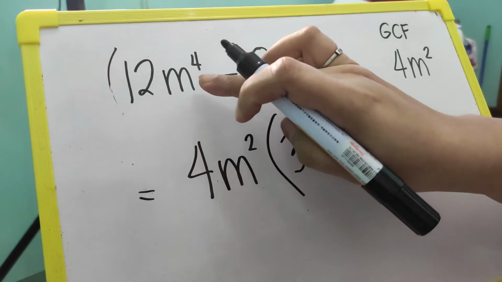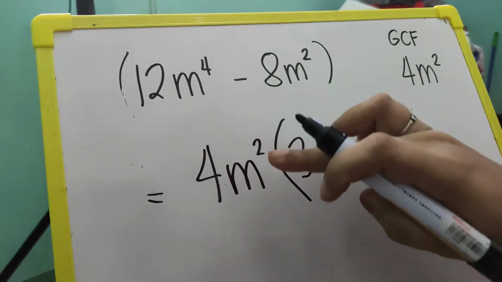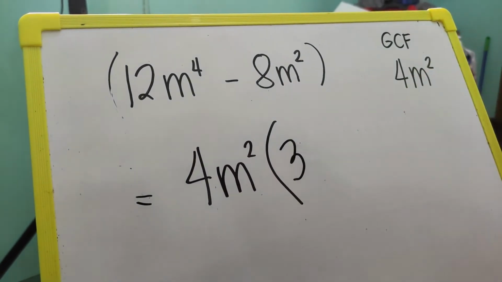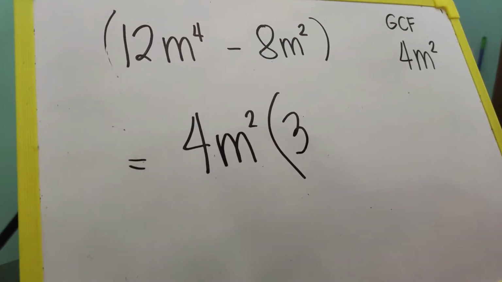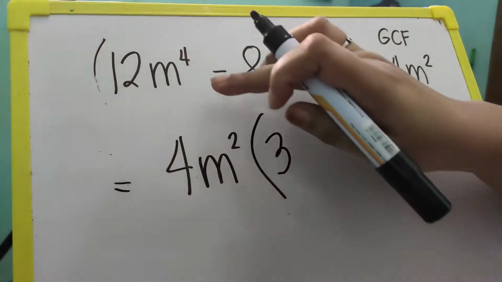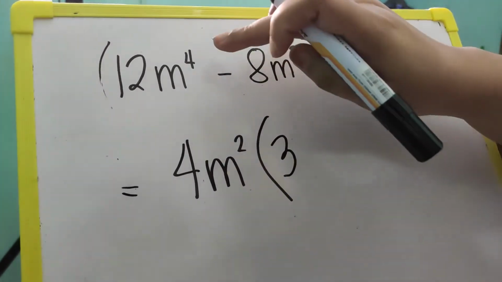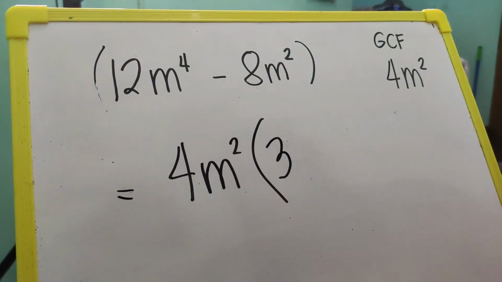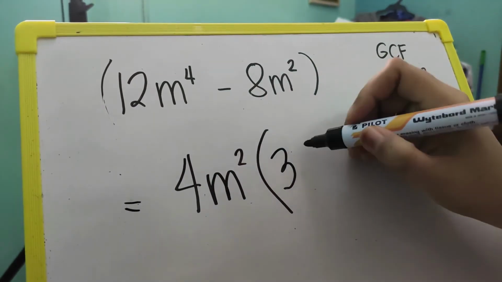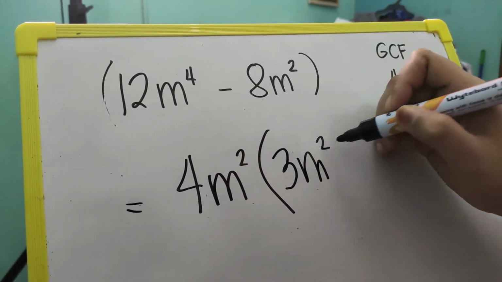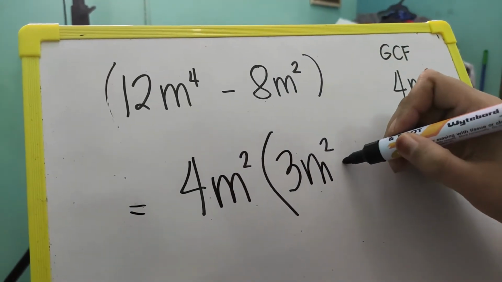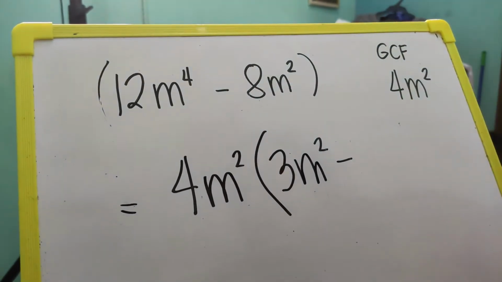And then we'll divide m to the 4th power by m squared. If we are dividing common bases, what we need to do with the exponent is subtract. So we have here m, 4 minus 2 is 2. And then copy the operation or the sign inside.